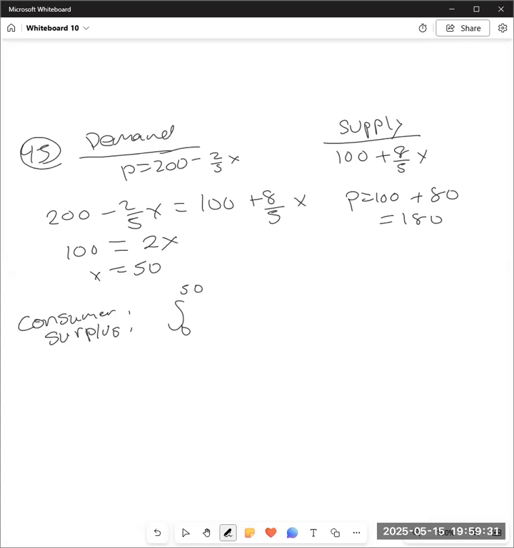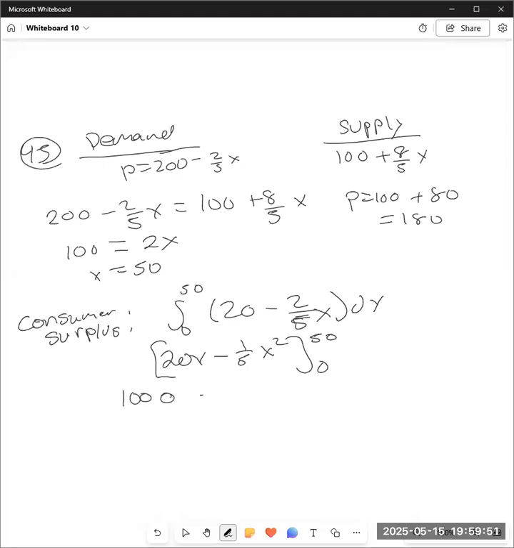That's 200 minus 180, which is 20, minus 2/5 x, dx, which is 20x minus 1/5 x squared from 0 to 50. That's 1,000 minus 500, which is 500.